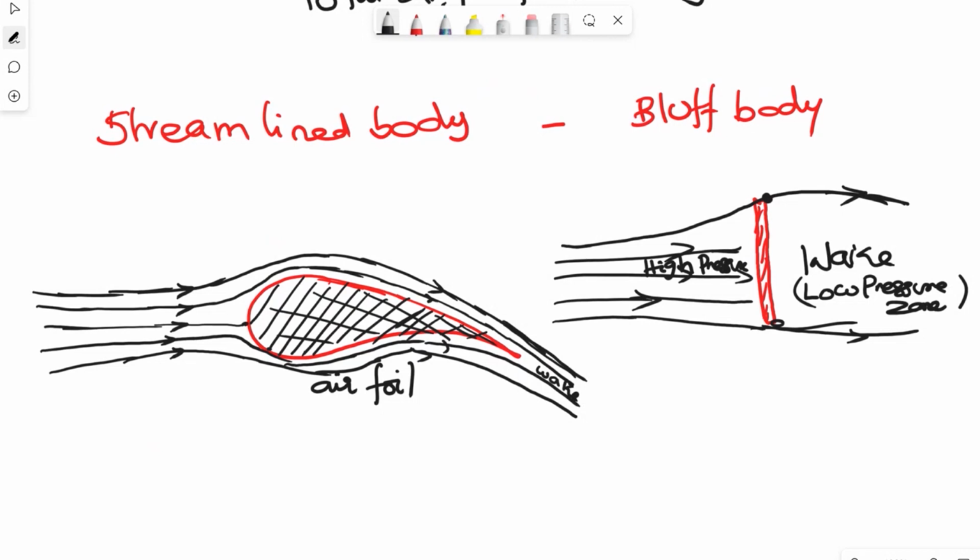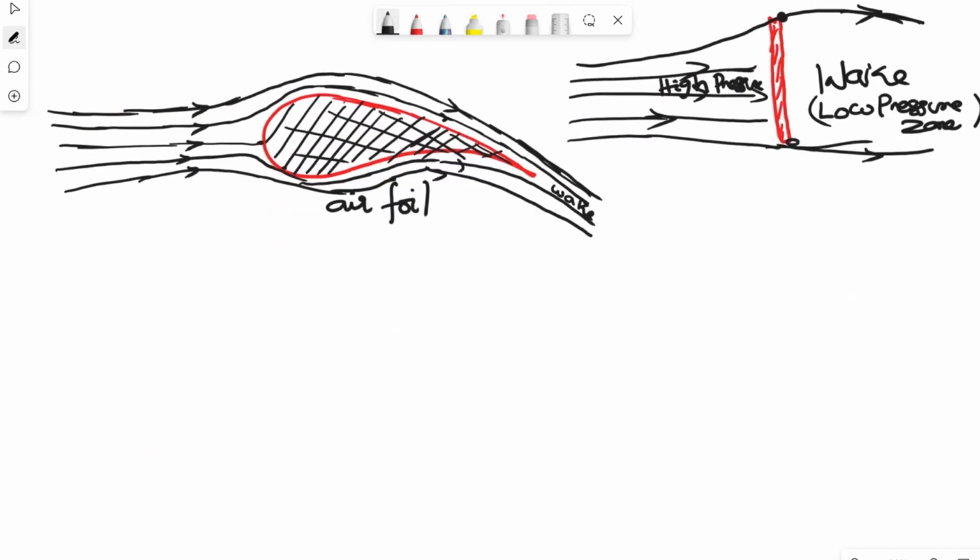So if this is like this, we call it a bluff body or blunt body. Here, the body shape is streamlined. Then naturally, this is in such a way that streamlines follow this body. Then actually, what is the use of it right now? What is a streamlined body?